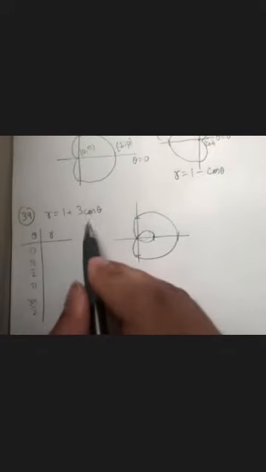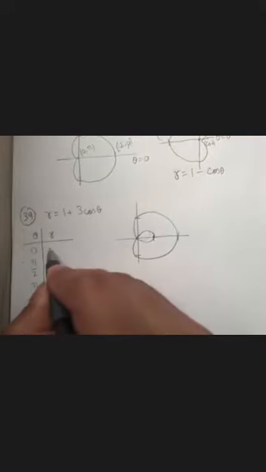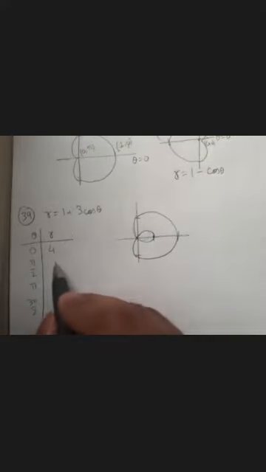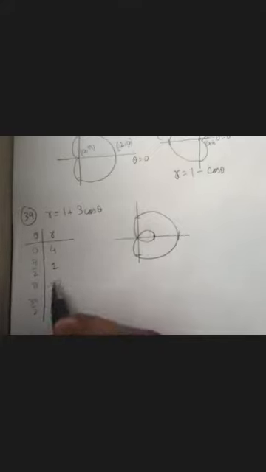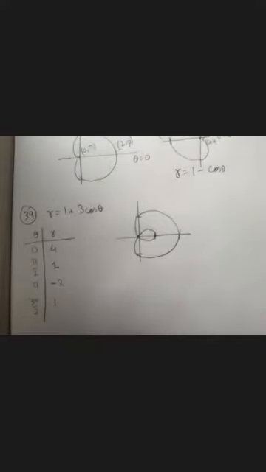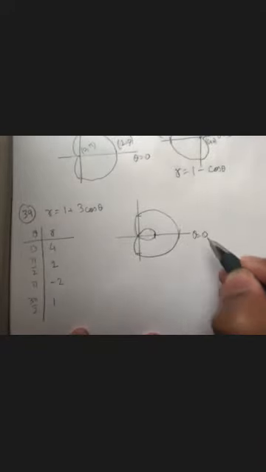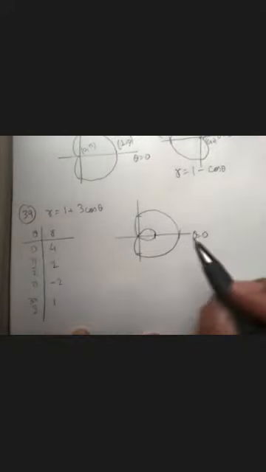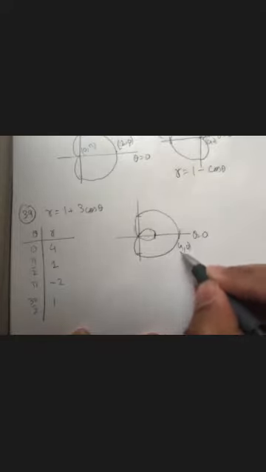When theta is 0, cos 0 is 1, 1 plus 3 is 4. When theta is pi over 2, cos pi over 2 is 0, so r is 1. Cos pi is negative 1, cos 3 pi over 2 is 0. And you can extend it for more values. So this is theta equals 0. When theta is 0, r is 4. So this point becomes 4 comma 0.